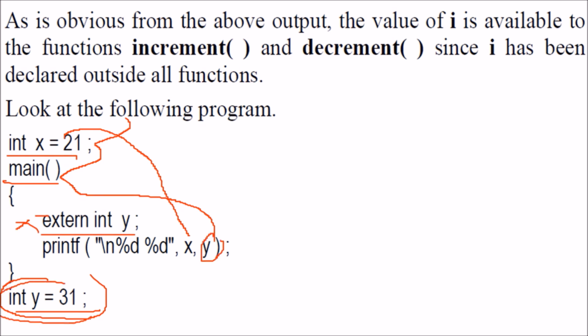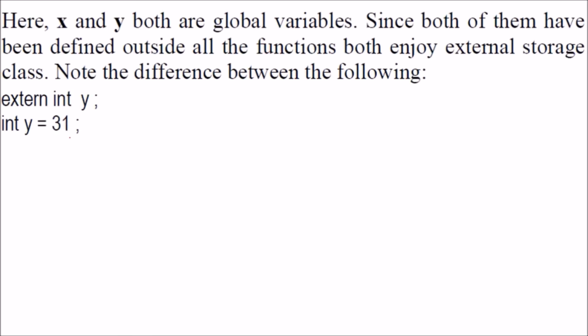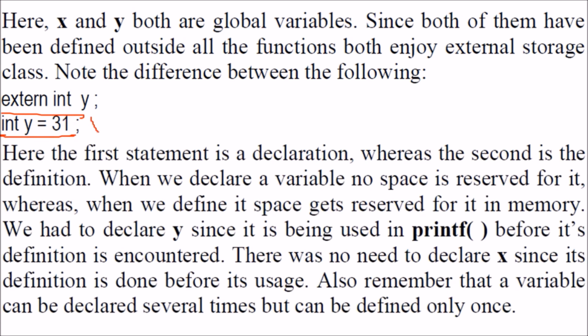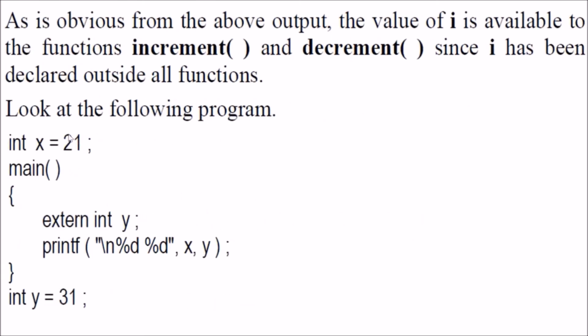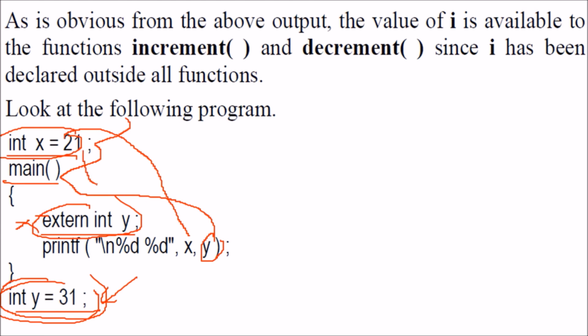Because int y equal to 31 is declared outside and after the main function. So you have to say extern int y. That is why extern int y, if you put it like this, int y equal to 31, that will be good. For int x equal to 21, it will automatically take the value. You don't have to put any extern int x. But if it is not there, you have to specifically say it is extern.